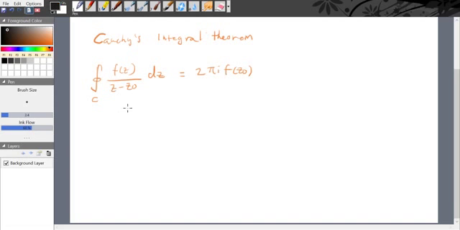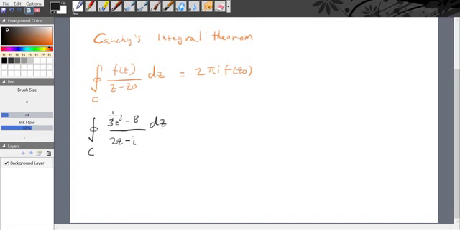Suppose we have a closed integral over the path C of 3z to the power of 3 minus 8, over 2z minus i, with respect to z.